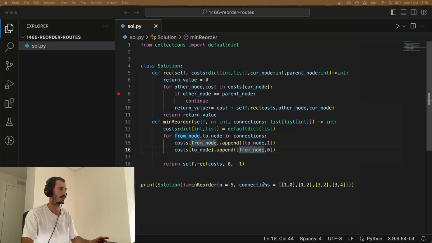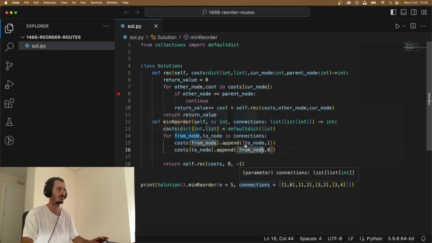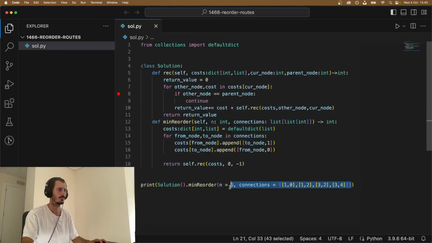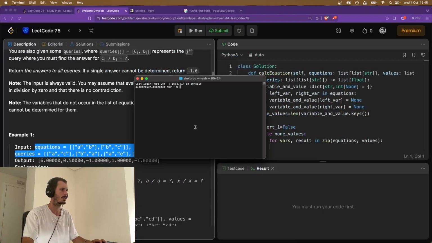So let me get the example from LeetCode. Wait, this is not, no, this is another exercise. Did I even code this one? CD, code, LeetCode, code 399.